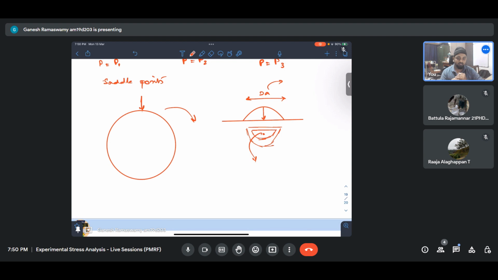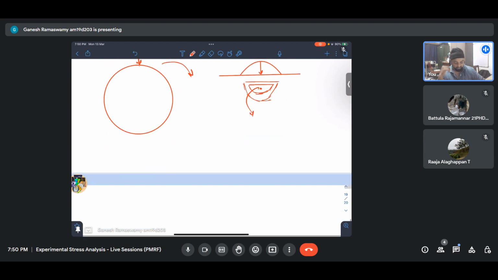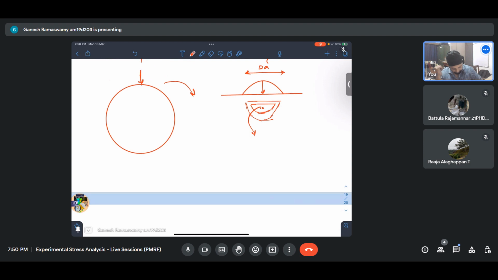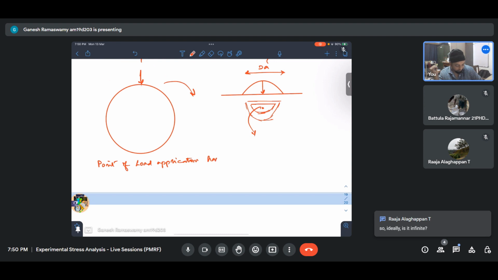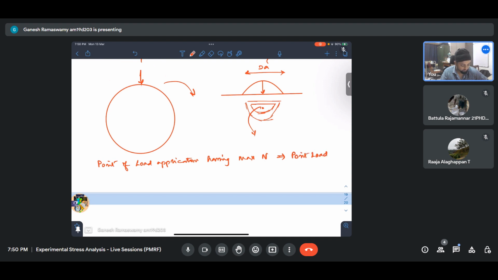So essentially, the point of load application having maximum fringe order goes hand in hand with the abstraction of point loads and a rigid body idealization, that there is no deformation, because when we apply a load, there will be some deformation.